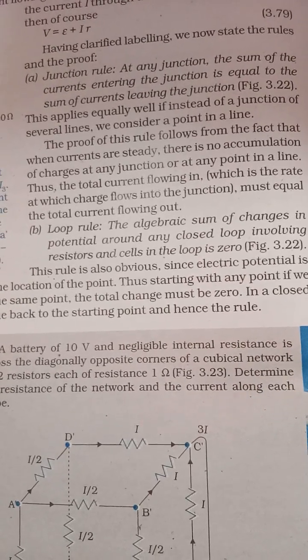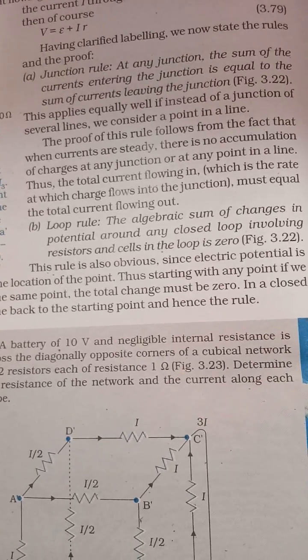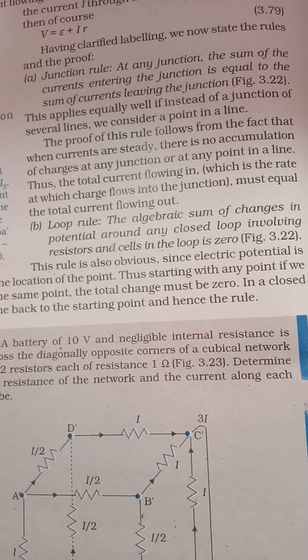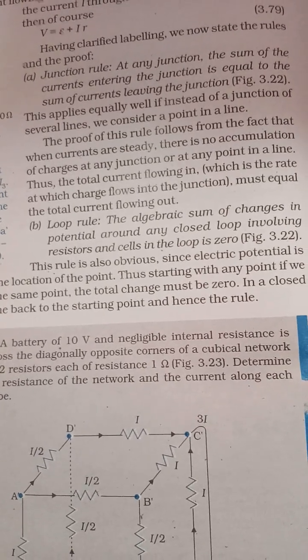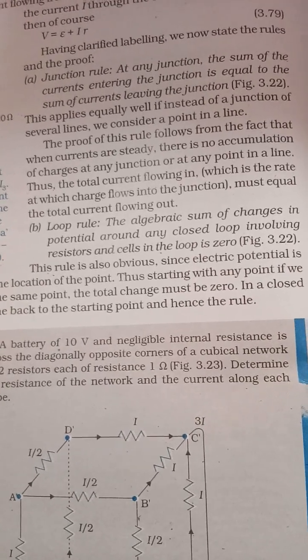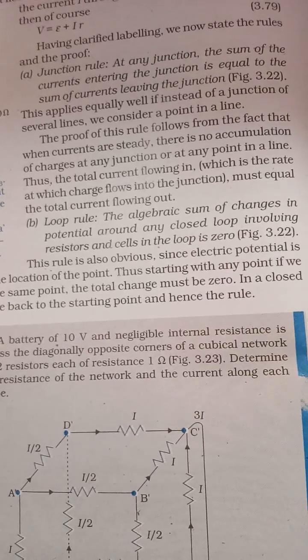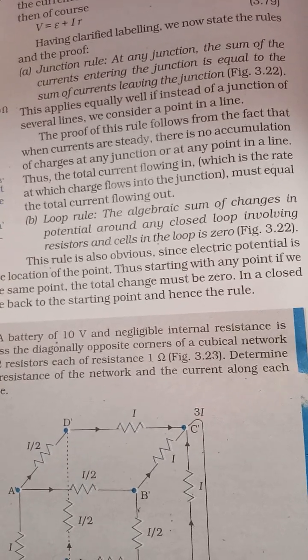The proof of this rule follows from the fact that when currents are steady, there is no accumulation of charges at any junction or at any point in the line.